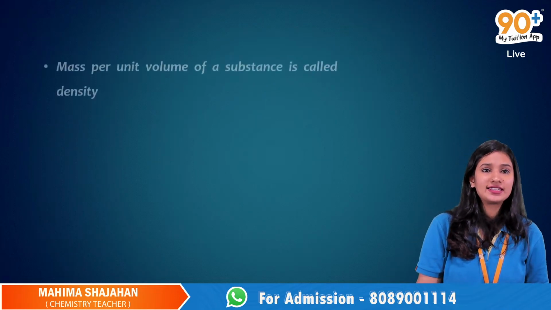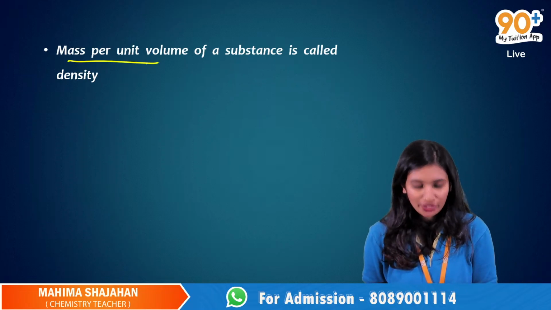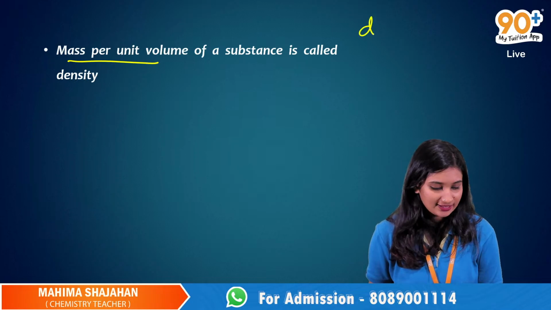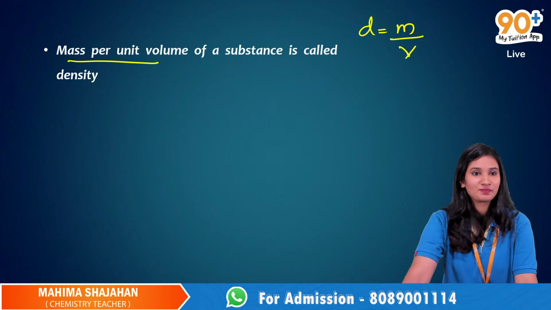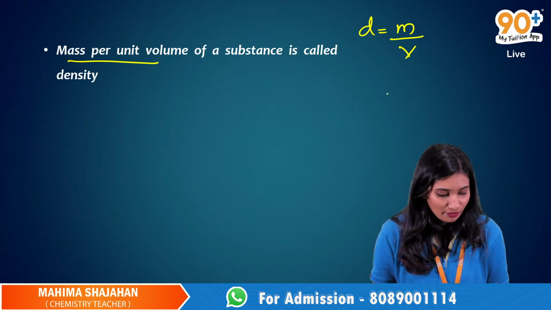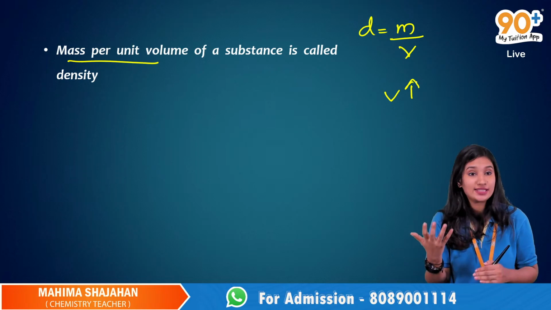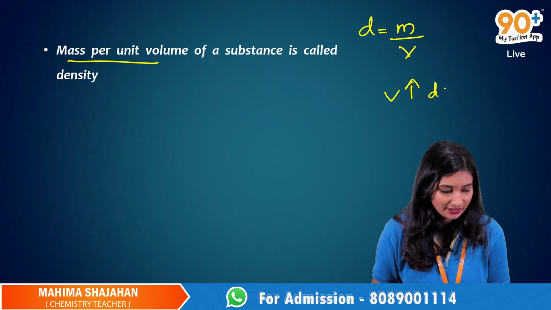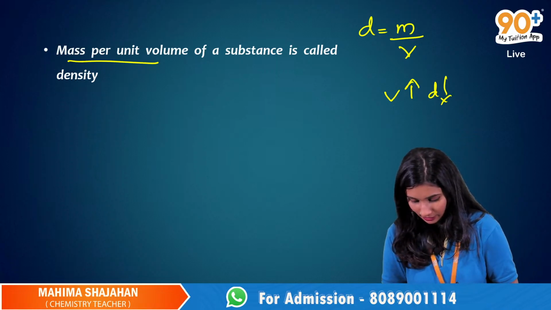What is density? Density is mass per unit volume. Density D is equal to M by V. Right? Okay. Now, when volume increases, volume increase ചെയ്യുമ്പോ density will decrease. Okay.